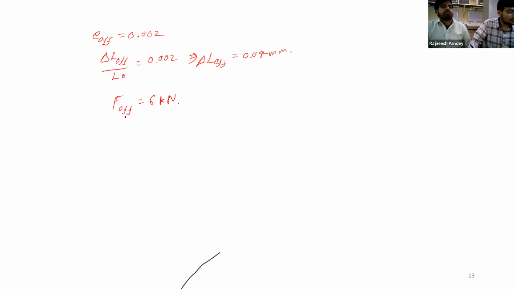Now we have the value of force, so we can calculate the stress at that point, which will be nothing but the yield strength, and that will come out to be F offset over A0. If we substitute the values, we will get 6 into 10 to power 3, because it is in kilonewtons, over pi d0 square over 4.